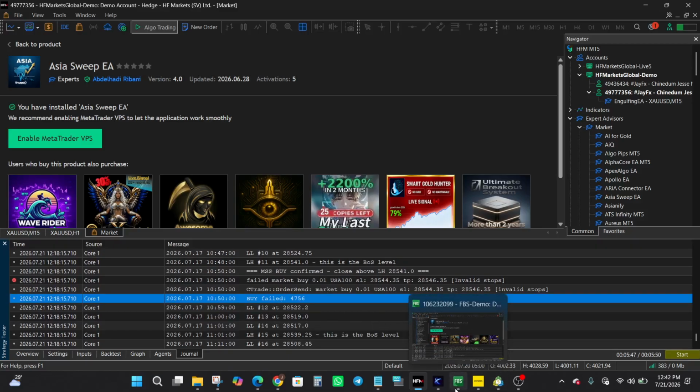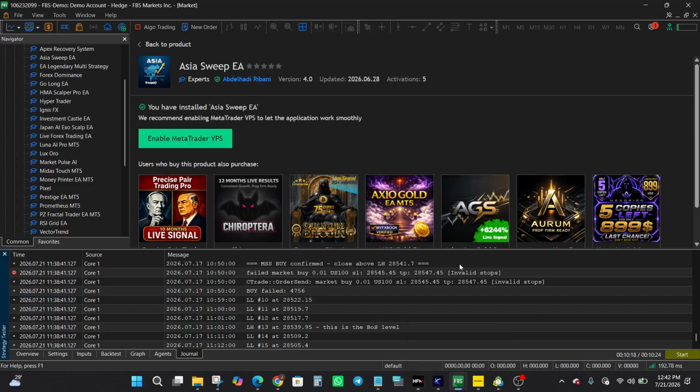Like I said, it looks like a stop loss or take profit distance issue. That is something worth testing across different brokers and adjusting stop distances for, rather than something I can draw conclusions about the underlying strategy from.